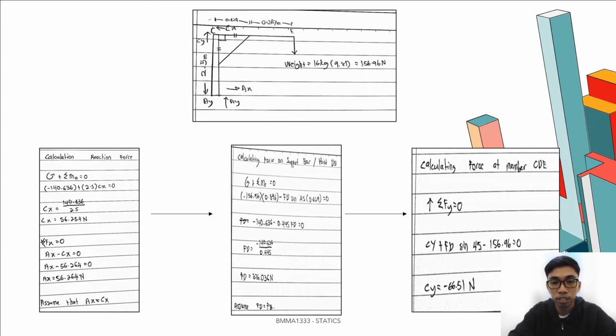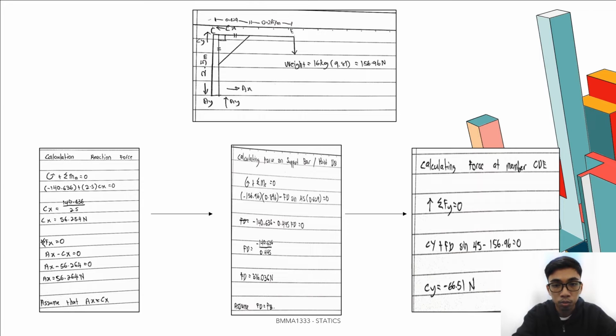We have to find the Cx. To find Cx, we use the formula sum Fx equal to 0, Ax minus Cx equal to 0, Ax minus 56.264 equal to 0. That Ax we can get 56.264 Newton. Here we can assume that Ax equal to Cx.